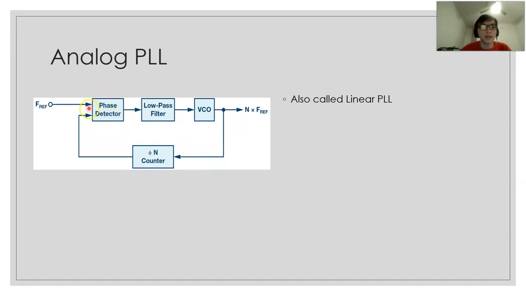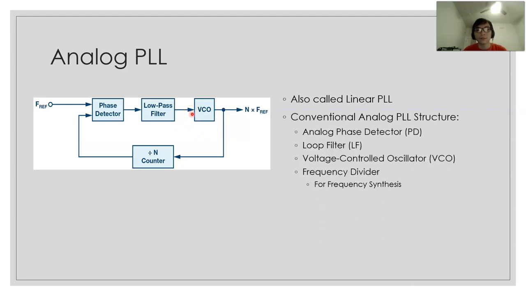The phase detector calculates the phase difference between the reference and the feedback here, and the output of the phase detector is linearly proportional to that difference. Similarly with the VCO, the output signal is proportional to the input signal. The structure remains quite the same, with a phase detector, a low pass filter as the loop filter, and finally the VCO.